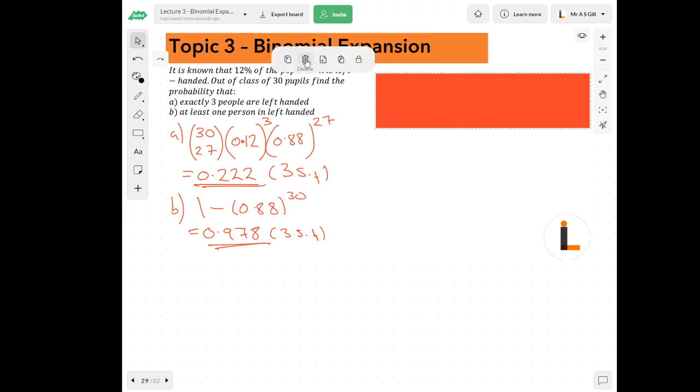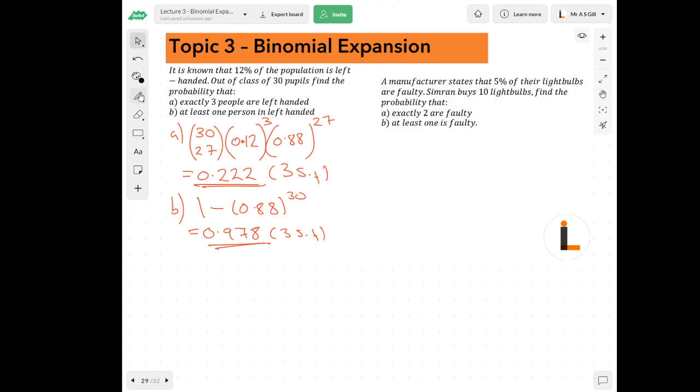So let's have a go at this question on the right hand side here then. I'll give you about 2 or 3 minutes to work through that, and then I'll put up the answers as always in a second.